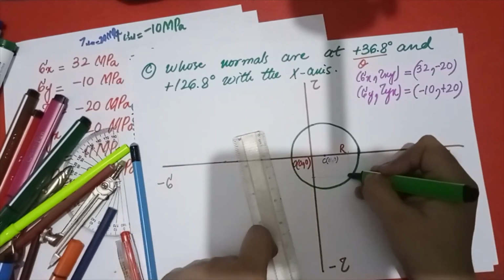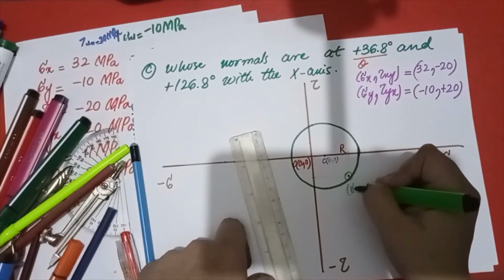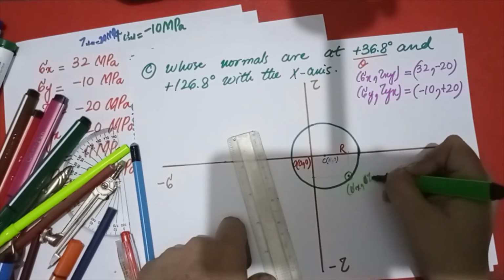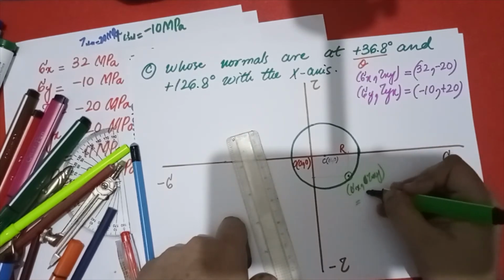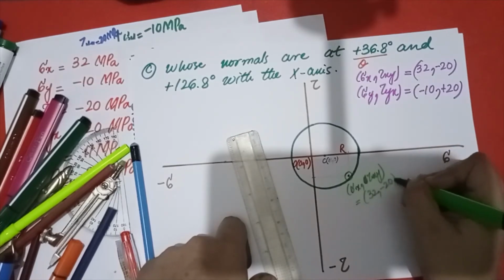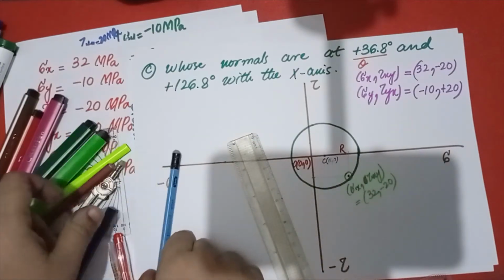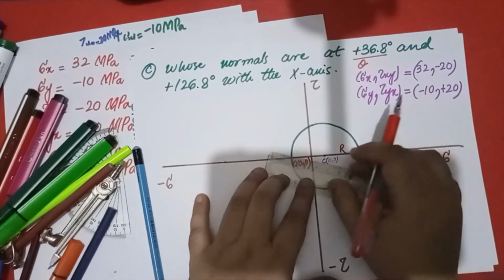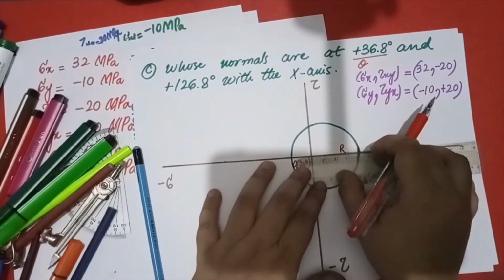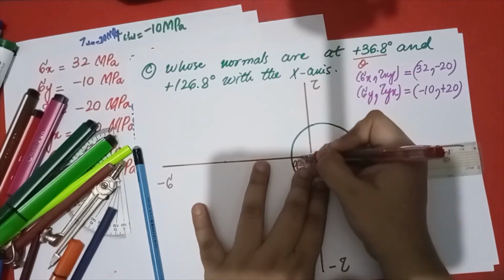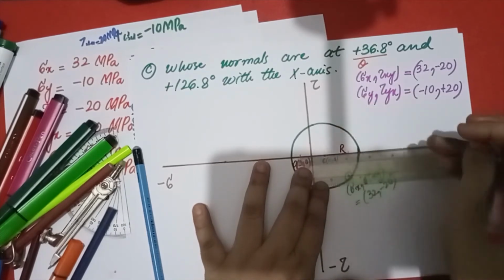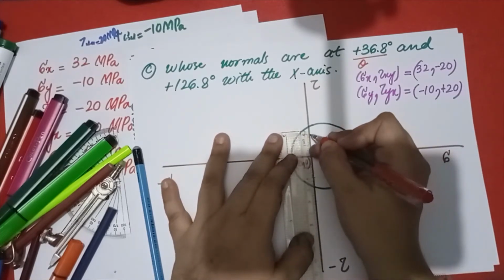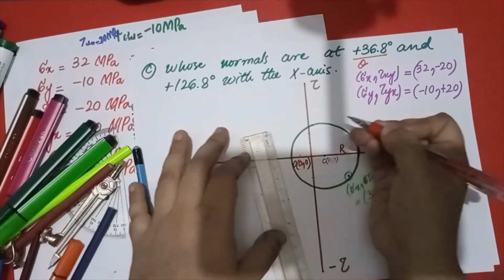I have already told you that this is sigma x comma tau xy, which equals 32 comma minus 20. The next is minus 10 plus 20. So minus 10 is the one, and the plus 20 will be like this.